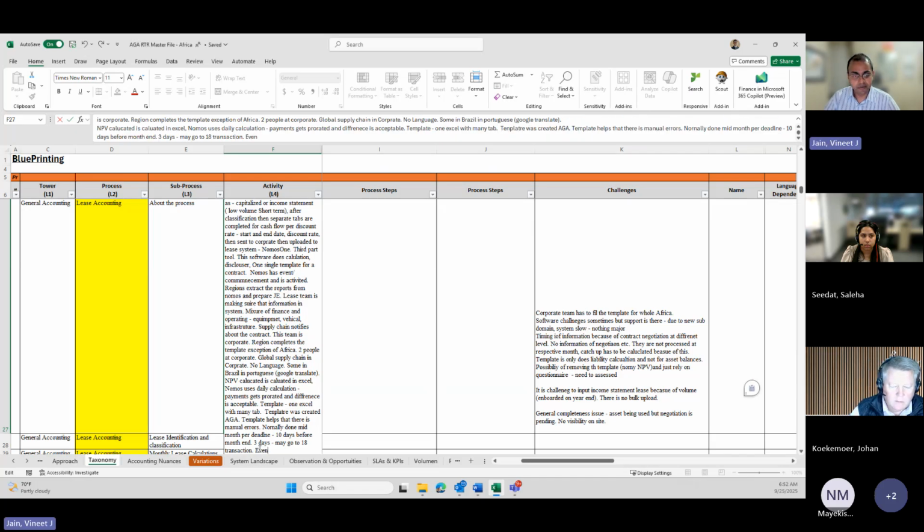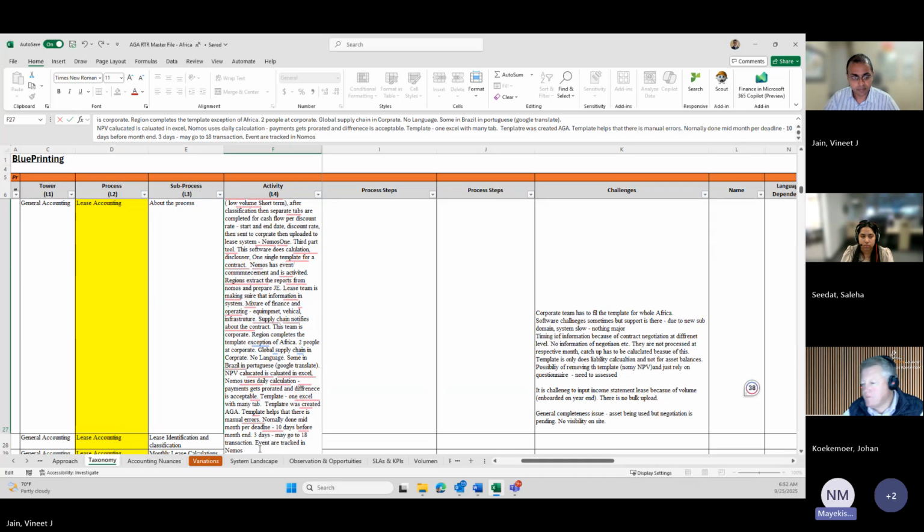So once you create the event and it's under negotiation, Nomos tracks it. Yeah, but you'd have to put that in as part of the input, to say that there's an annual change in the rate, or whatever variation you're expecting that you know of upfront. The system is then able to send you reminders on that.